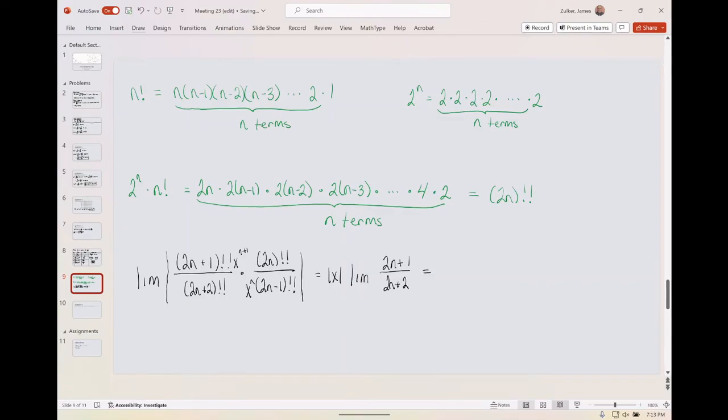What's that limit? One. So we get absolute value of x less than 1.